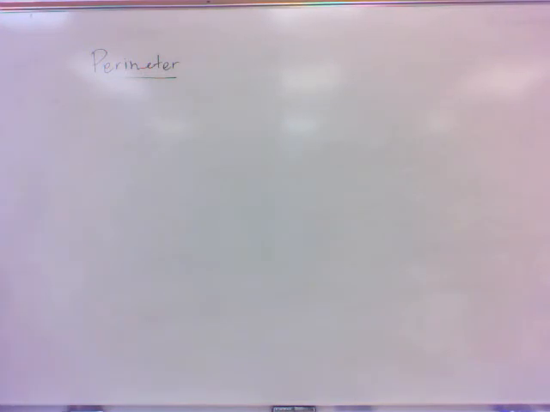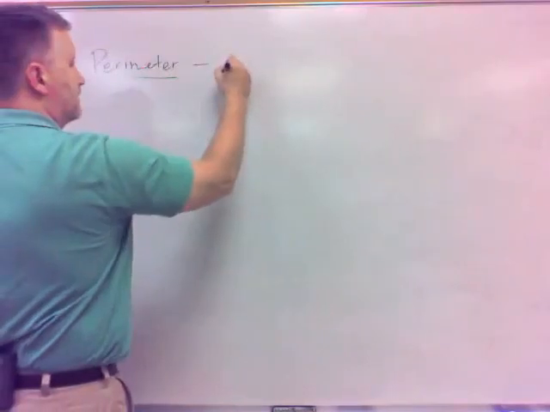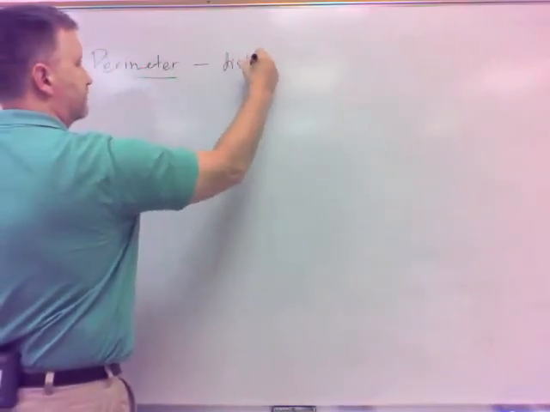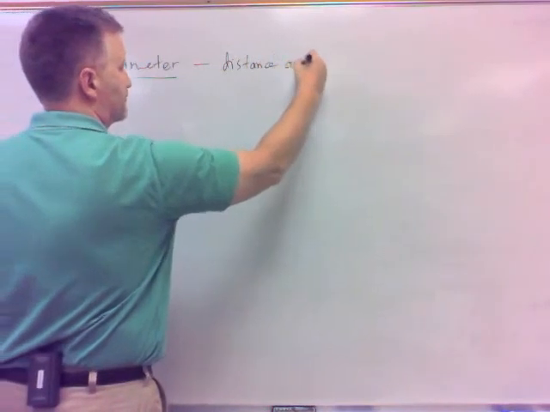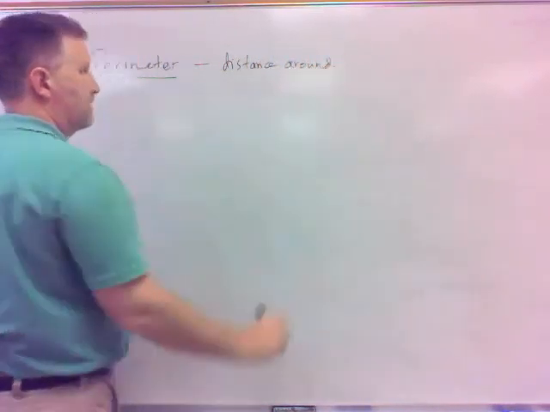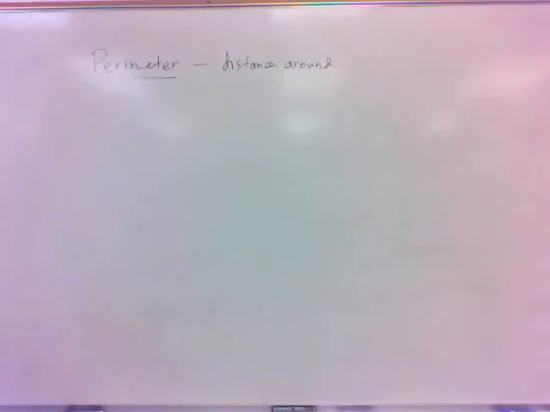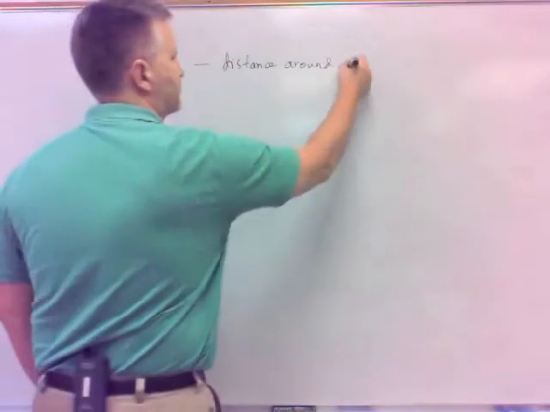Perimeter measures what? Distance around. For a polygon, it's just the sum of all the sides.